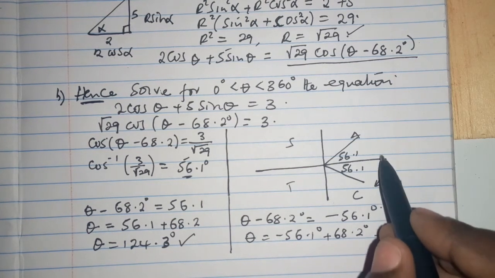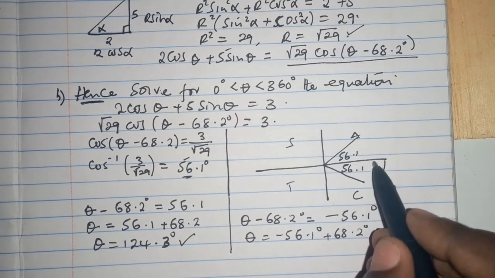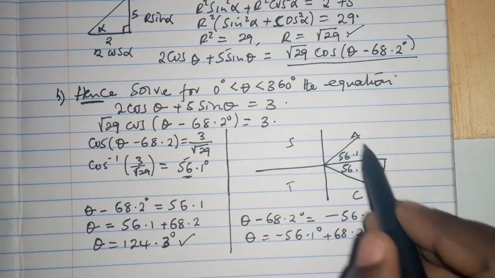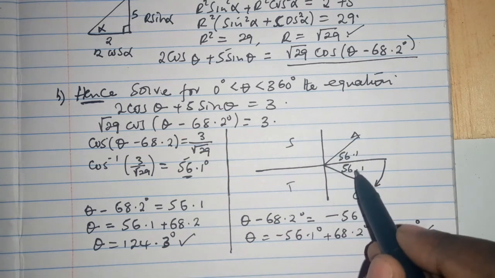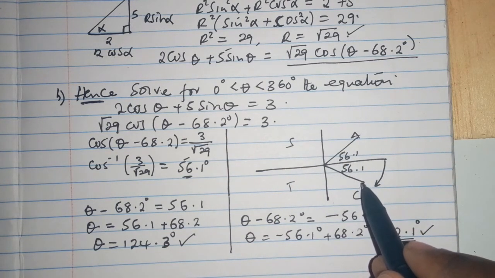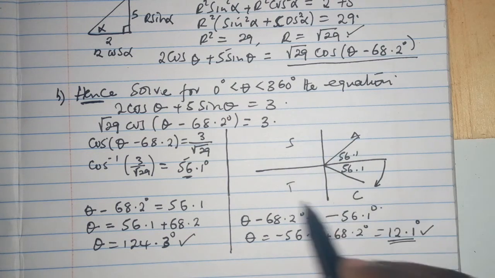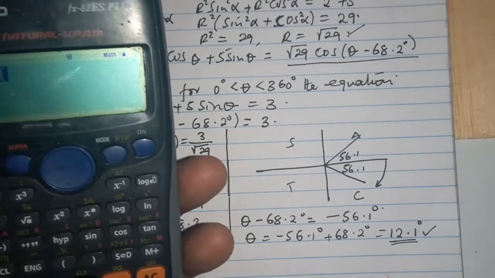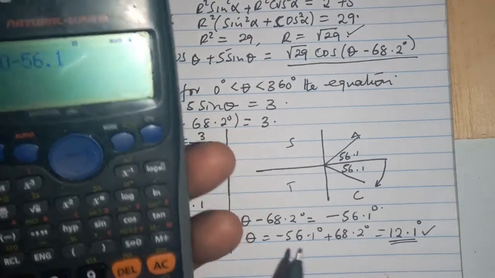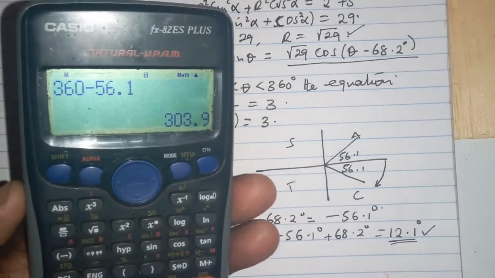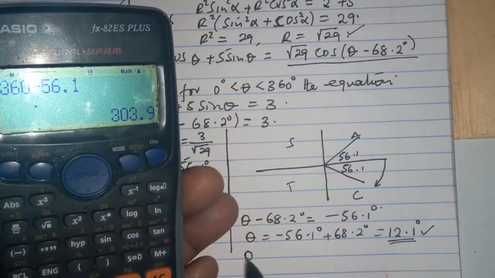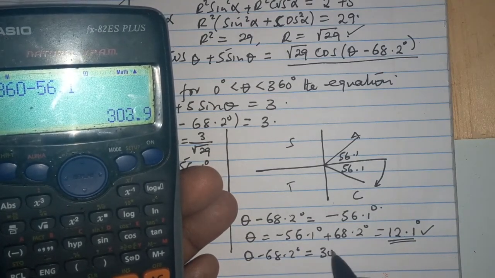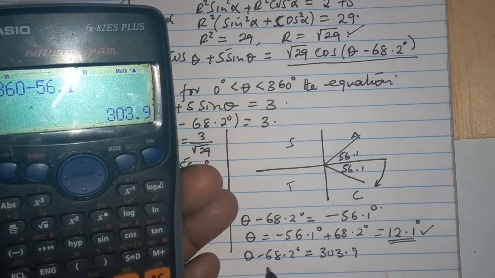If we move on, let's try another round. Another round is probably 360 minus 56.1, which would also be possible, and that is 303.9. So theta minus 68.2 degrees would have been possible to be 303.9. But look at theta.